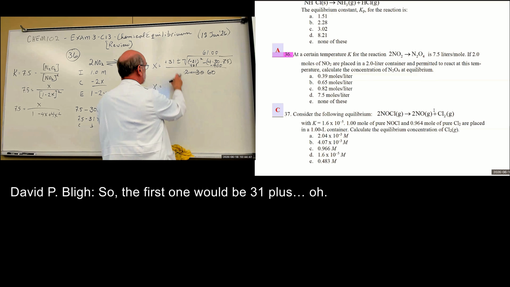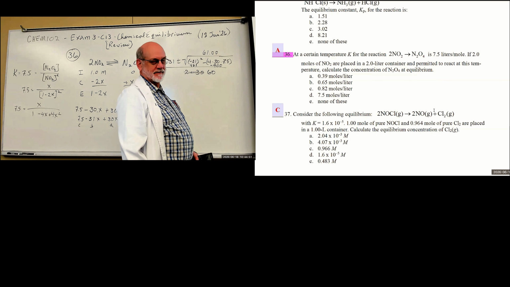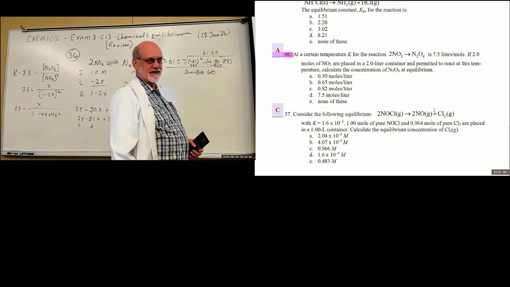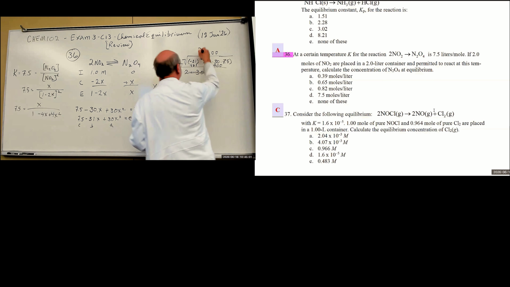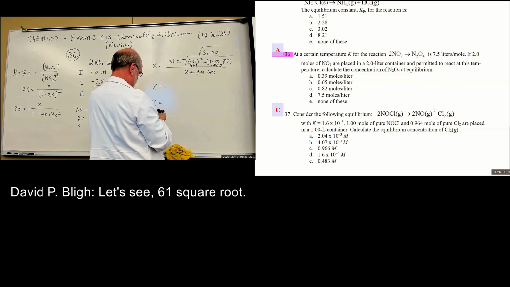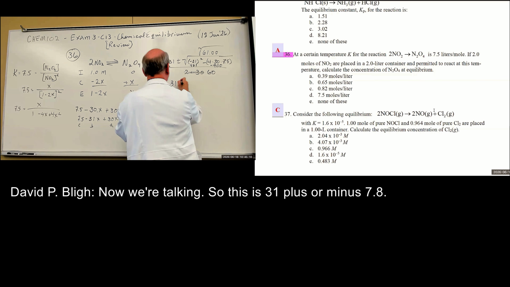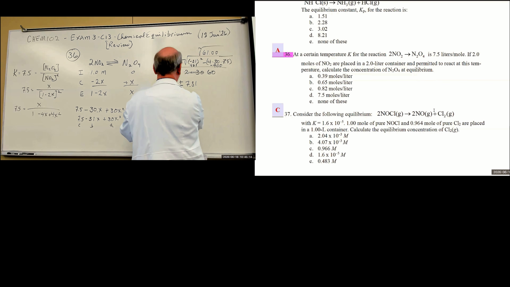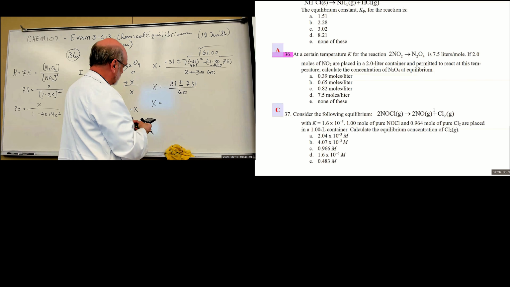So the first one would be 31 plus, oh, it just dawned on me. What did I not do? I didn't take the square root. Okay. Let's see, 61 square root. Now we're talking. So this is 31 plus or minus 7.81 over 60. All right, now we're cooking.